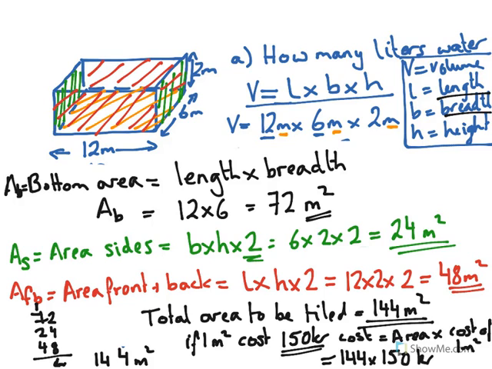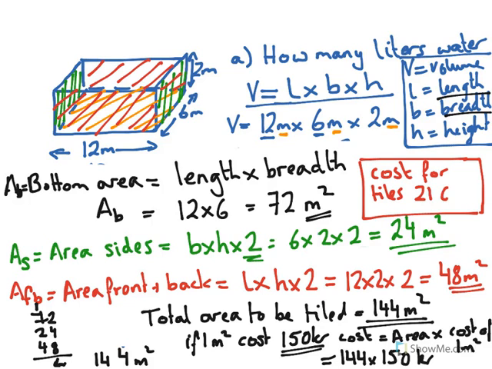144 times 150. We could set it up nicely as a proper long multiplication, but just to save time here, I'm going to do that on my calculator. The final cost that we end up with, and I'm running out of space here, so I'm going to put it up here in this corner. If we multiply 144 by 150, our final cost for the tiles is going to end up being 21,600 Swedish krona.